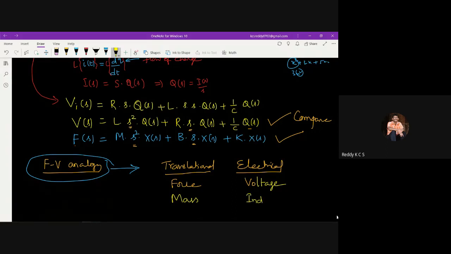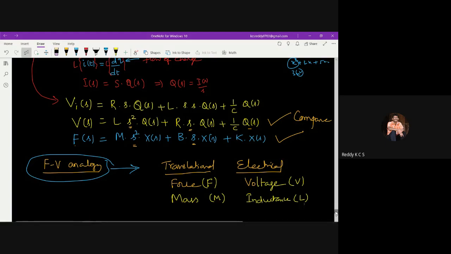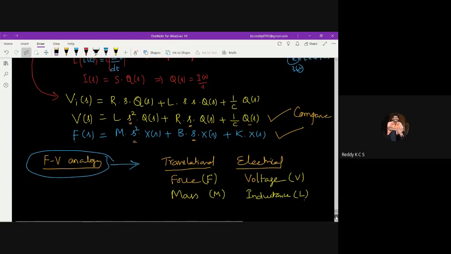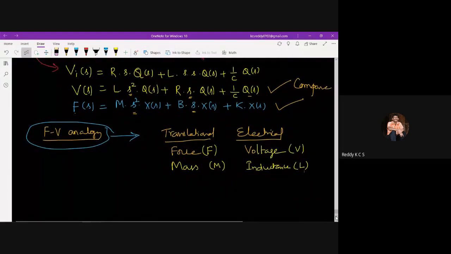That is, force is F and voltage is V, and here is mass, and this will become L, inductance. By looking at the two equations, we can say the equivalent electrical terms in the force voltage analogy. Be careful that I am writing the force voltage analogy.